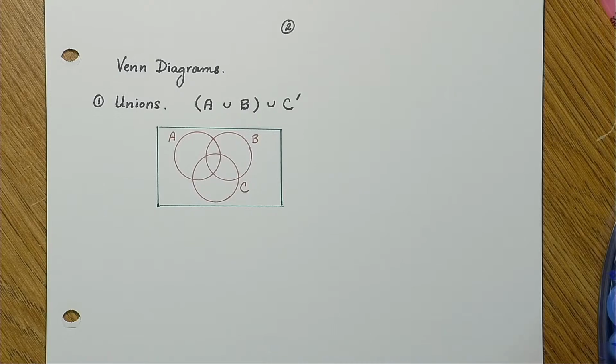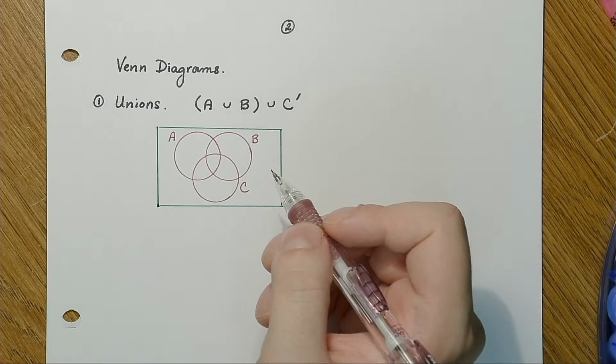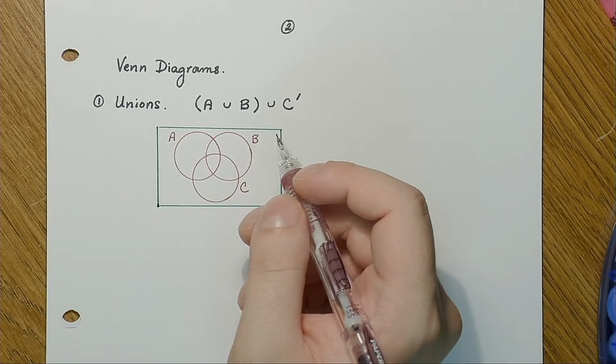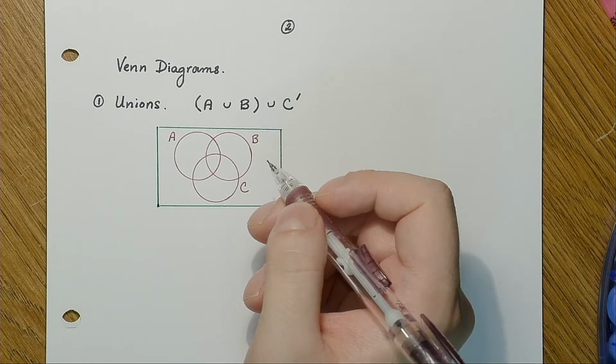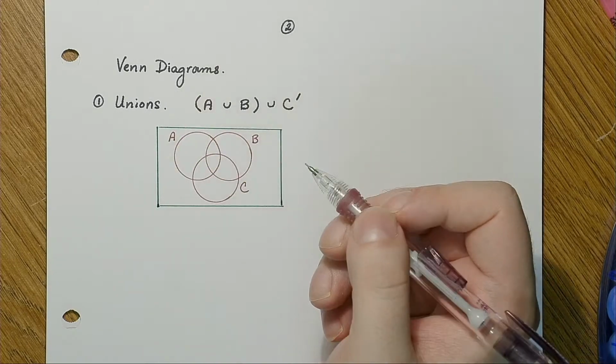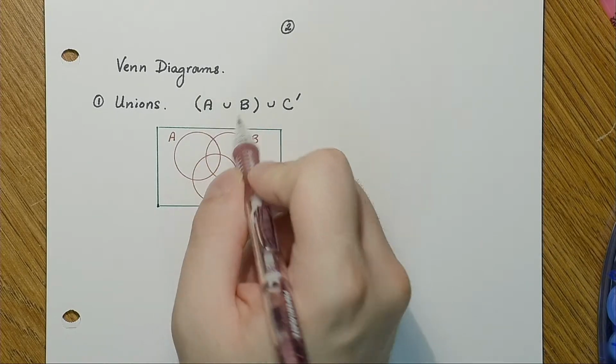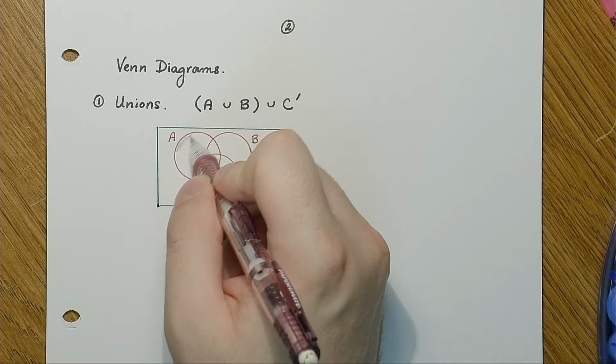So we're asked to shade this in, and I think I'll use something like a pencil maybe. The nice thing with shading in unions is that we can just keep adding on to it. So again, we have A union B, so I can just shade this in.